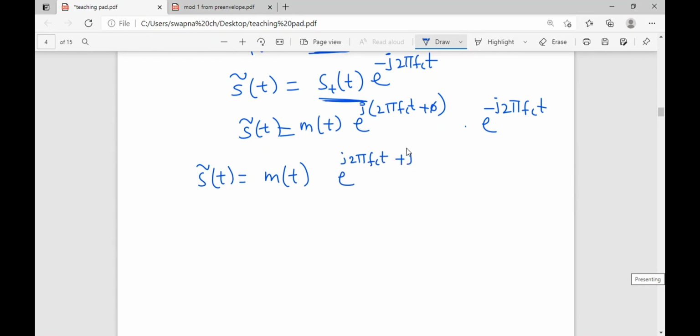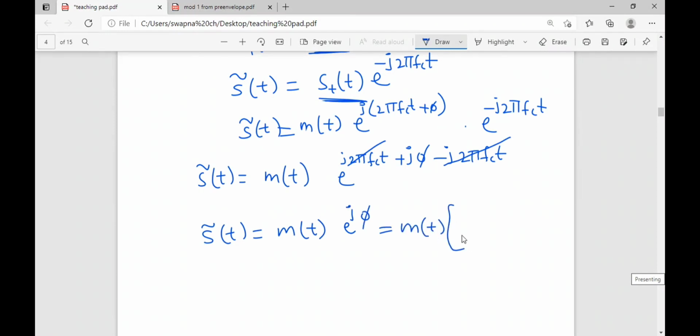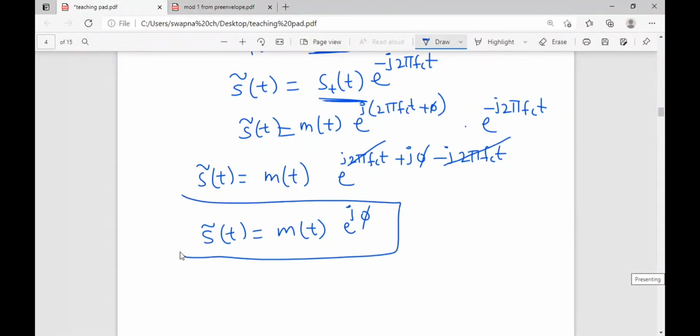So j 2 pi fct plus j phi, and a power n into a power m is nothing but a power m plus n. So minus j 2 pi fct. This minus j 2 pi fct and this plus j 2 pi fct will get cancelled. So I will be left with m of t into e power j phi. This is your complex envelope, the overall equation of the complex envelope.